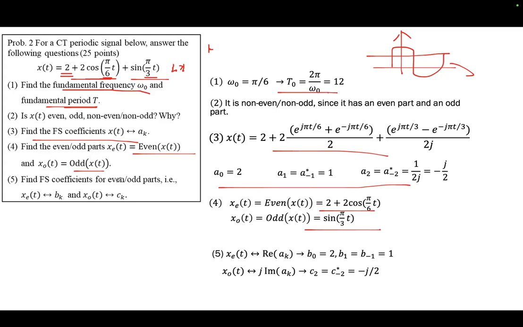And find the FS coefficient for the even part and the odd part. We know the even part is just like this, the odd part is like this, so this is just the even part, this is just the odd part. Does it make sense to you? Any question? Okay.